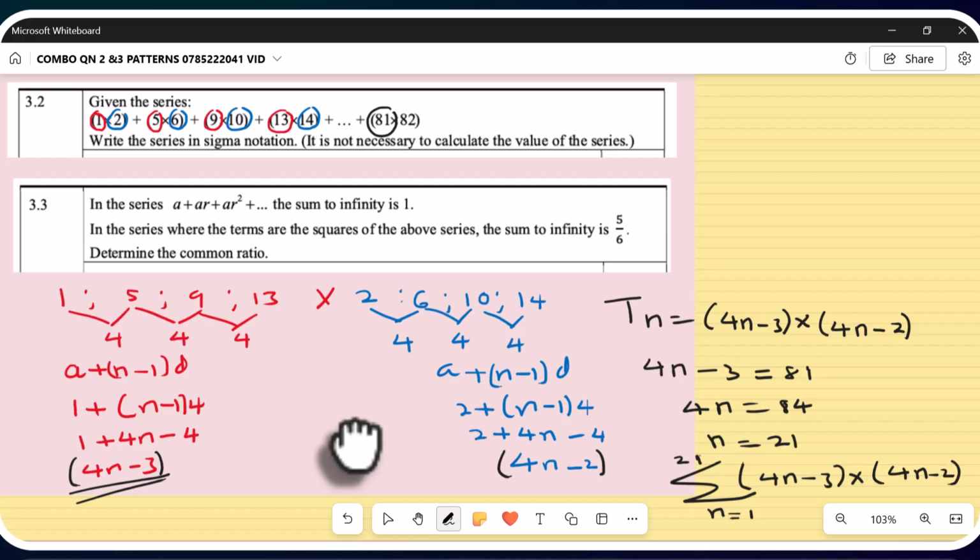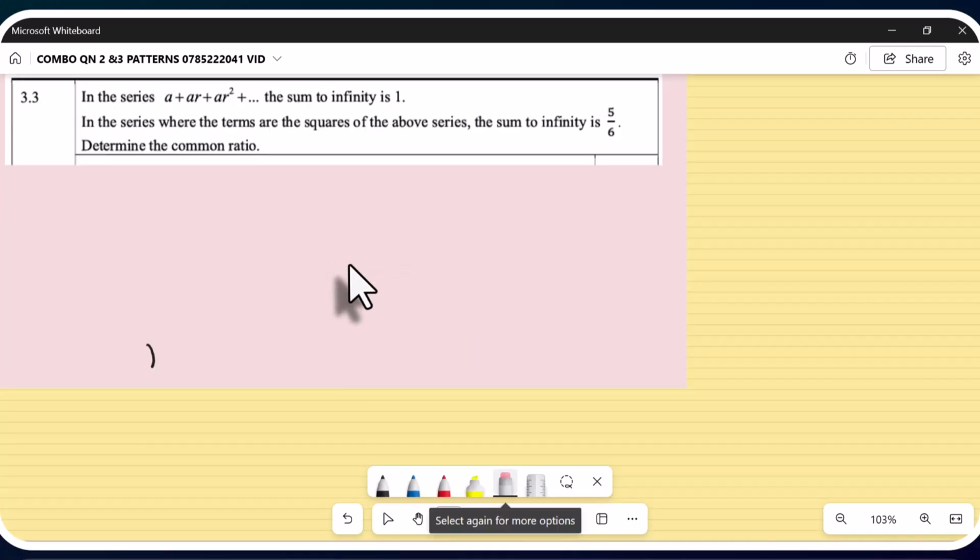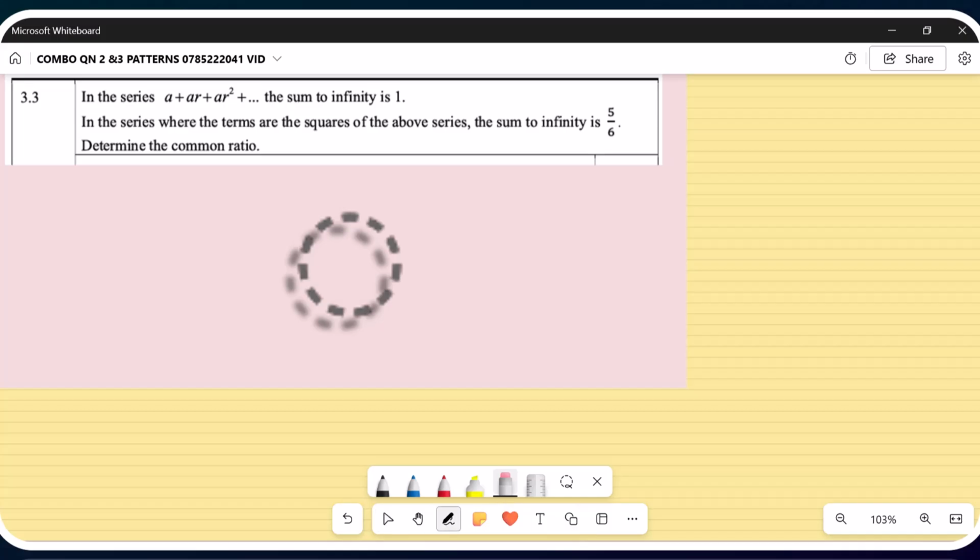Now in this case, what's our a? The square of a, which is just a squared, right? It's going to be a squared divided by 1 minus the common ratio, which is now r squared here. But I said that it should give us this 5/6. Then now see here guys, we can cross multiply.